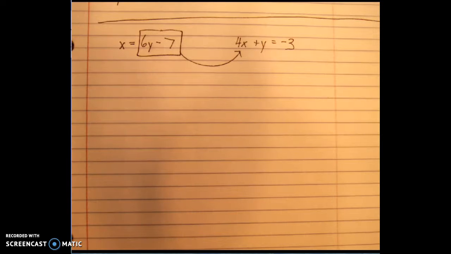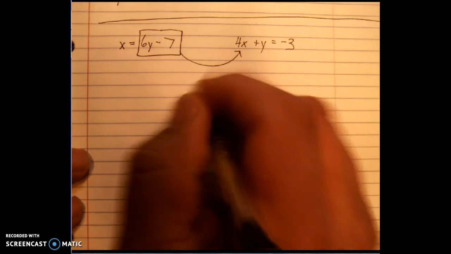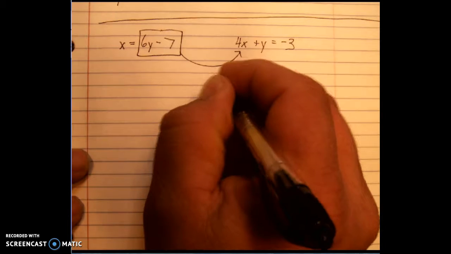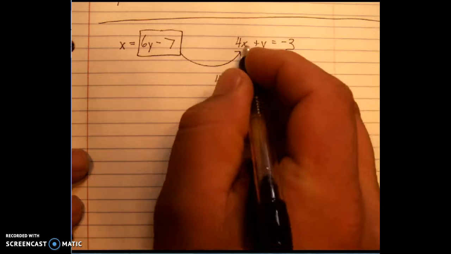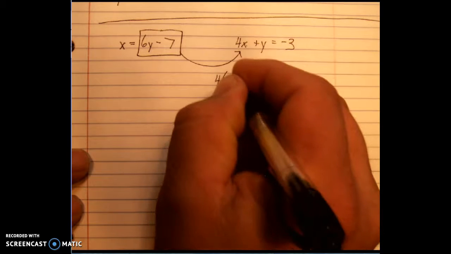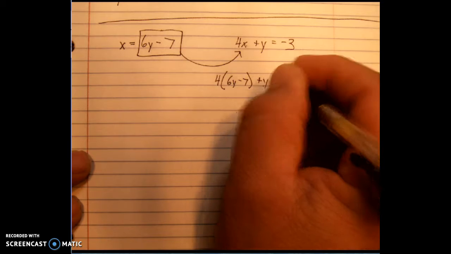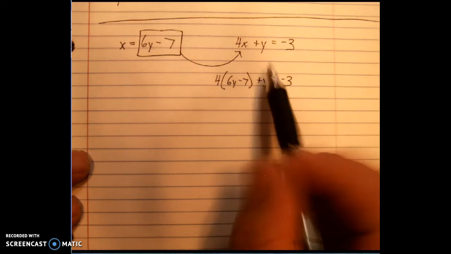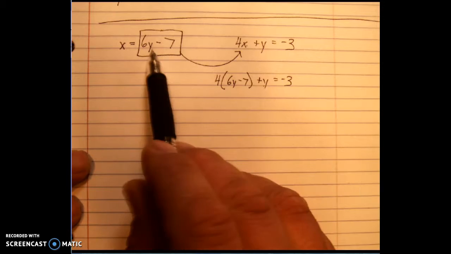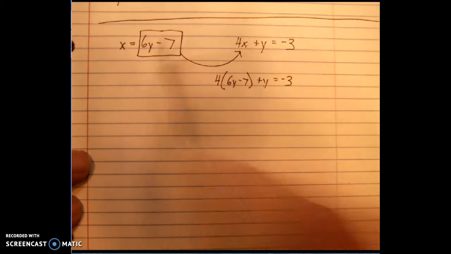If you put it in the y instead, you should pause the video again and go do it again, because you did not get the correct answer. When I put this in for the x, this equation becomes 4. Remember the parentheses. X turns into 6y minus 7 plus the y equals negative 3. So we just replace the x with that piece that x is equal to.